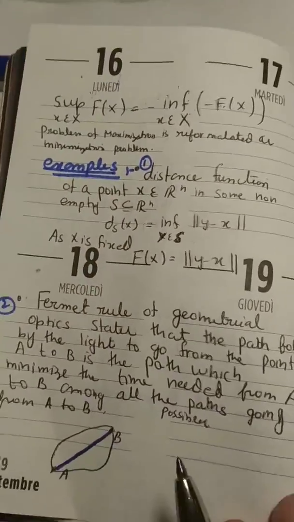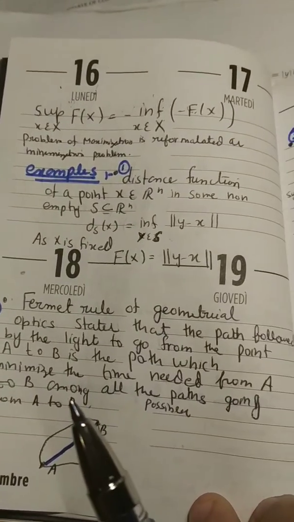Next is Fermat's rule of geometrical optics.